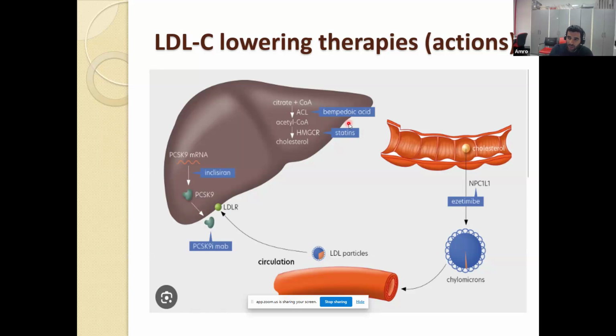Statins have been shown not only to regress plaque formation, to actually regress them, but they've also been shown to make plaques more stable, because they improve the architecture of the plaque, they calcify the plaques, and have been shown to make them less likely to rupture. So the absolute answer to that question is no, certainly not in high risk patients, and definitely not in those who've got established cardiovascular disease.